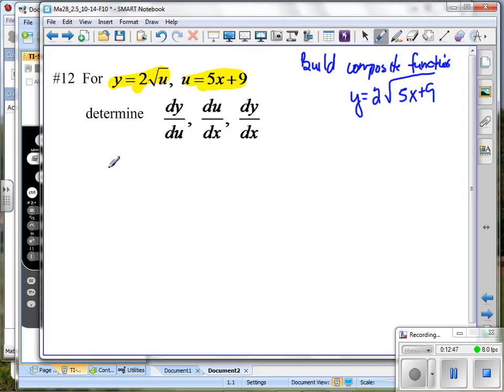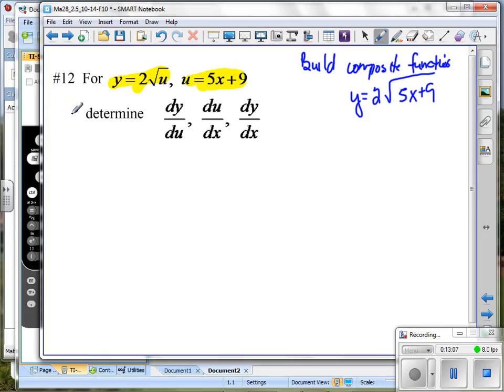Now, this problem's not asking us to do this. This is where I'm taking off on my own little tangent, puns intended, my own little roadside trip here, but we can do this. dy du, which of these am I going to use? Well, better use the one that has an input of u and an output of y.